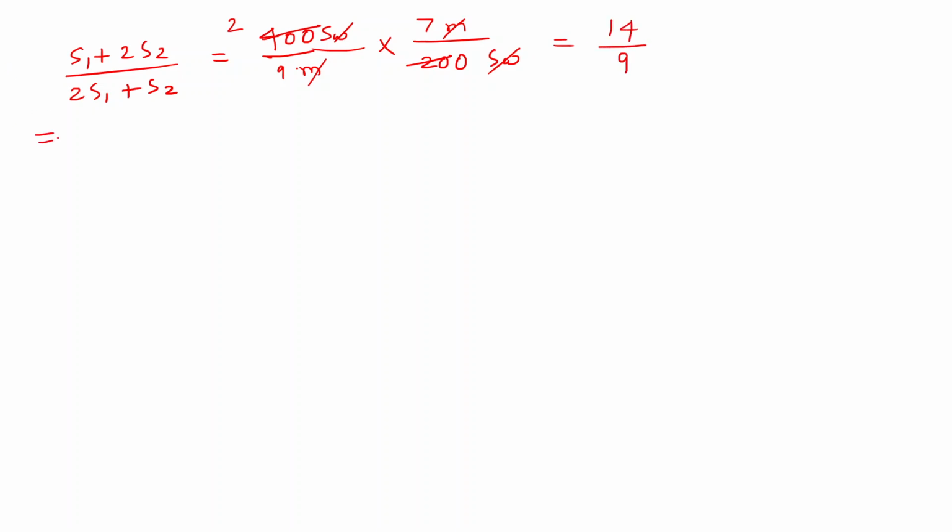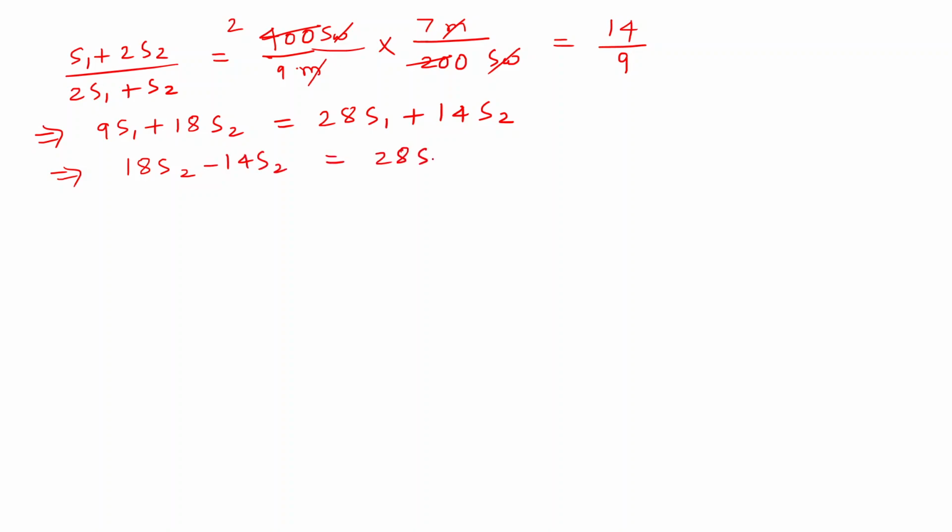Now we'll solve this. If I multiply 9 to this side and 14 to here, I'll get 9S1 plus 18S2 is equal to 28S1 plus 14S2. I'll try to solve this. 18S2 minus 14S2 is equal to 28S1 minus 9S1.